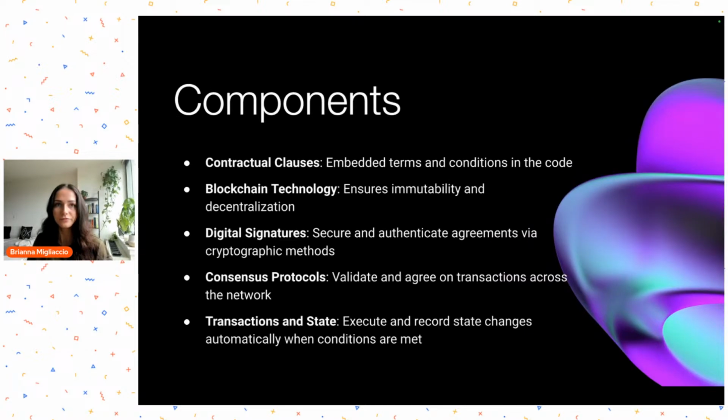So kind of the components of a blockchain, the components of a smart contract, you just have these embedded terms inside the smart contract itself. So whenever you're designing smart contract logic, you always want to think, okay, when this instruction is executed on chain, we want X, Y, and Z to take place.